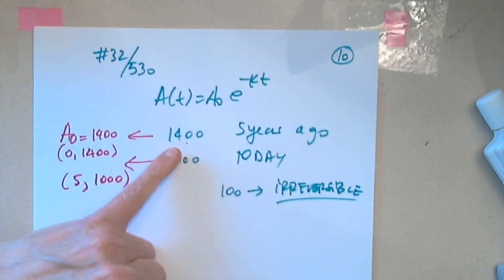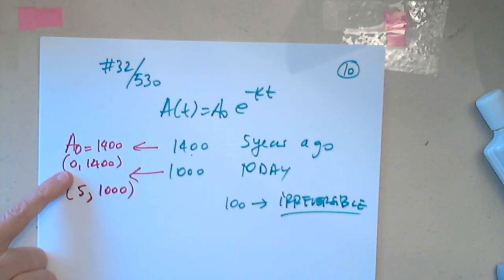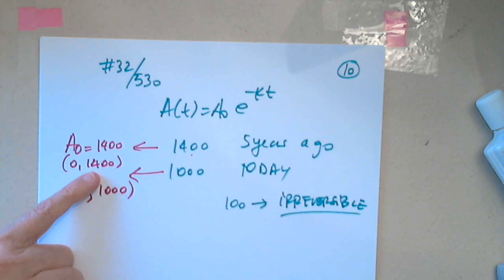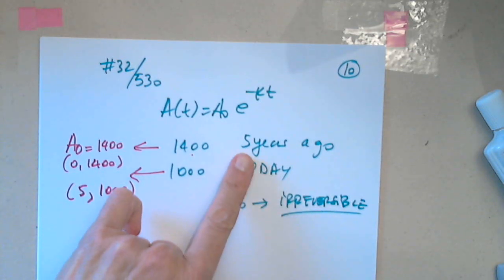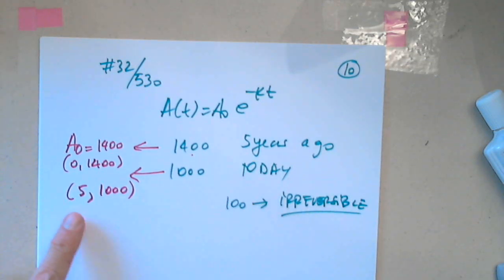So the initial value happened to be 5 years ago. That's fine. So at time 0, we have 1,400. Now 5 years later, which is today, we have 1,000.